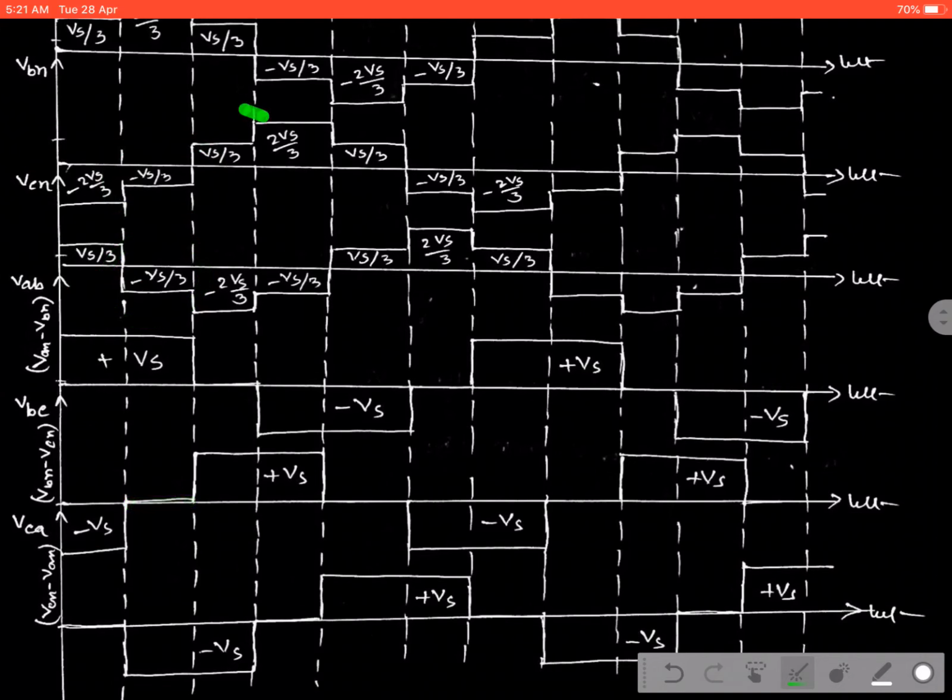Next, that is Vs by 3 minus of minus 2 Vs by 3. The difference is plus Vs. Similarly, it can happen for the next case also. See, again it will provide a plus Vs. That means again the voltage across VBC is plus Vs, then 0, again minus Vs, again 0 and plus Vs. See, in all the cases the duration of the pulse is 120 degrees.